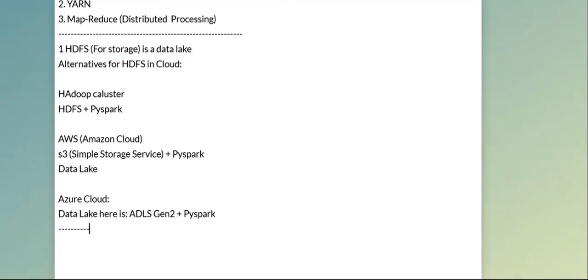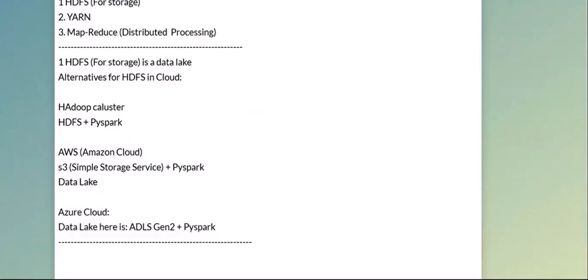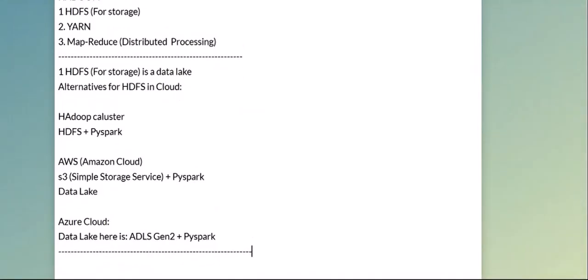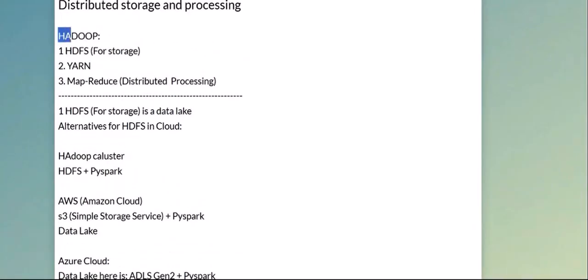Anybody having any confusion till now? Let me reiterate this. When we are talking about Hadoop cluster, by Hadoop cluster, we mean we have resources, we have compute, we have yarn. This is Hadoop. It has three core components: HDFS for data lake, for data storage, and the data storage is called data lake.